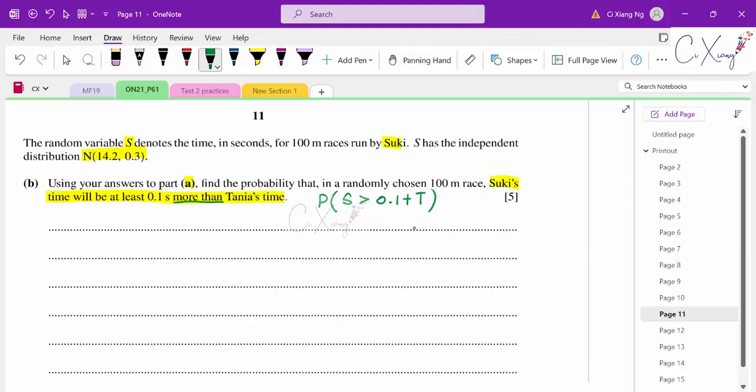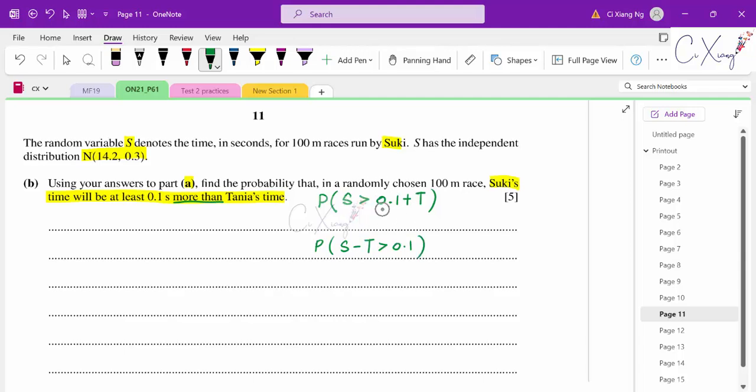So you take Tanya's time plus 0.1, and Suki's time is still more than that. This is the probability that you want to find. But we can't find the probability if both sides of the inequality have the variable. We have to move the T over, to become S minus T greater than 0.1.